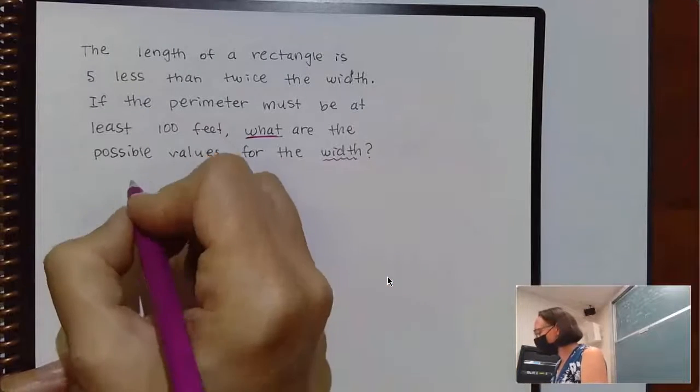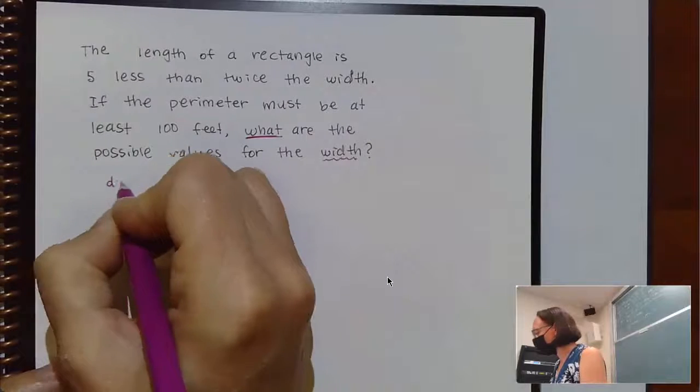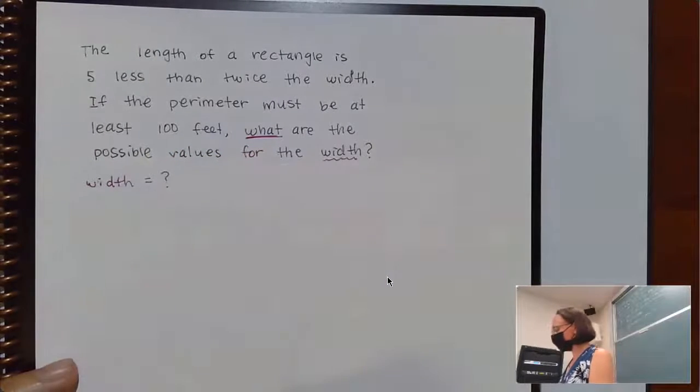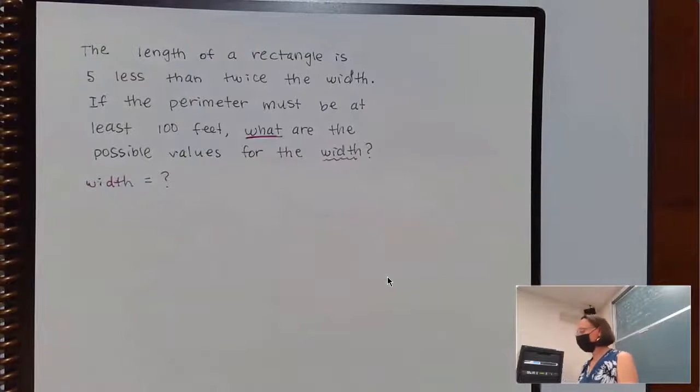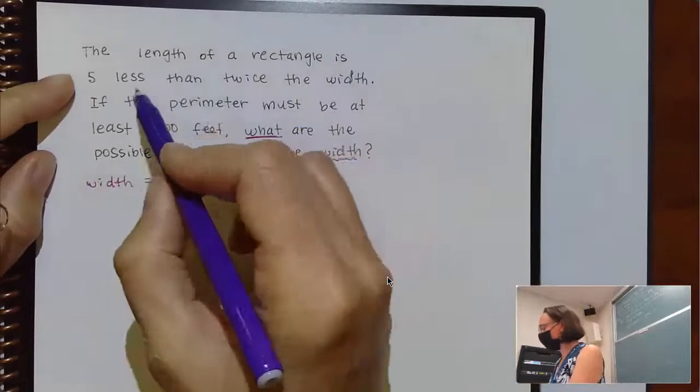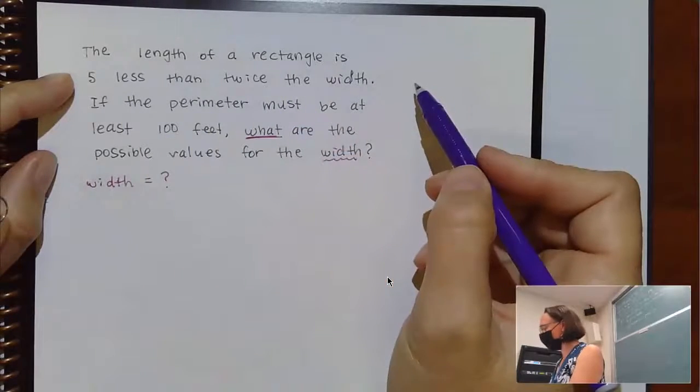So our final answer is going to be something like width equals what? Now I'm going to work forwards in the problem, turning everything that I see into some sort of mathy equation-ness. So the length of a rectangle is 5 less than twice the width.